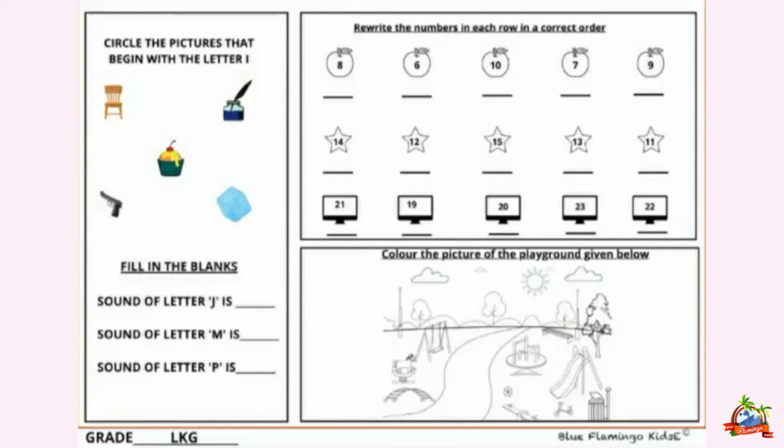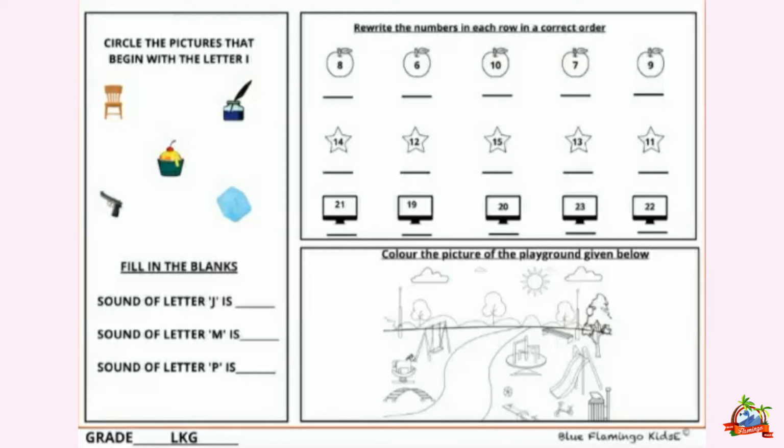Like 6, 7, 8, 9 and 10. Okay, in this way we have to write these numbers in correct order. See the next one, 14, 12, 15, 13, 11. We have to write these in correct order.